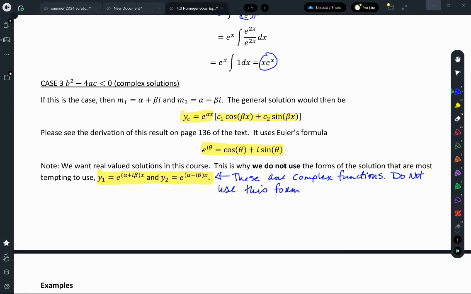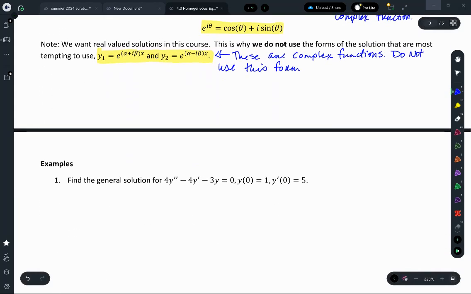Okay, we want real valued functions, and so Euler's formula allows us to work with exponentials and i's in order to get to the real valued representation of the complex function.